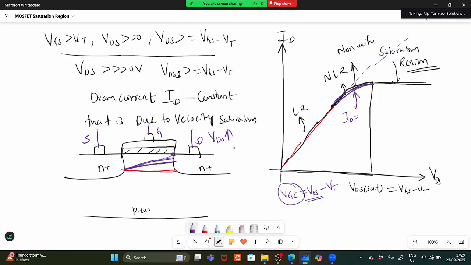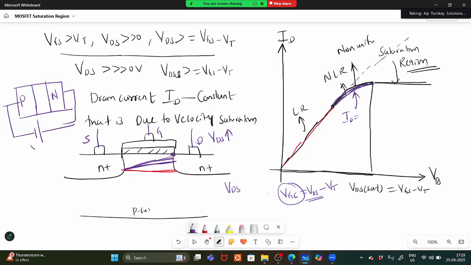Further increase in VDS is nothing but increasing the reverse bias voltage. In the PN junction diode we already saw, with P and N, for reverse bias we apply negative to the P side and positive to the N side.